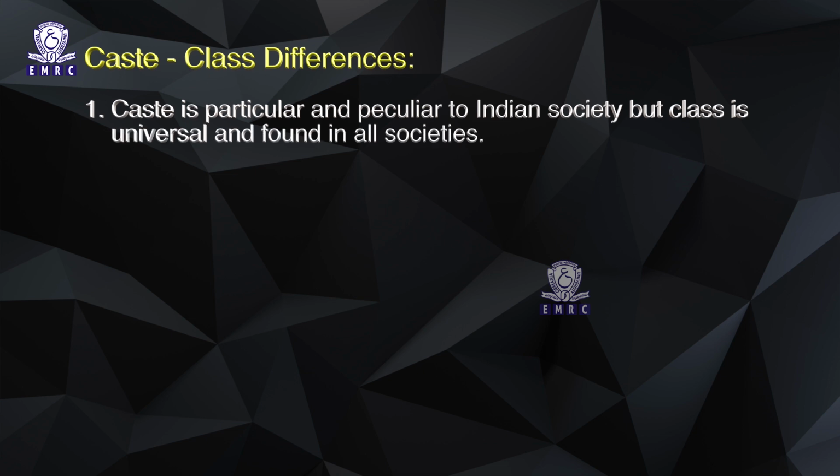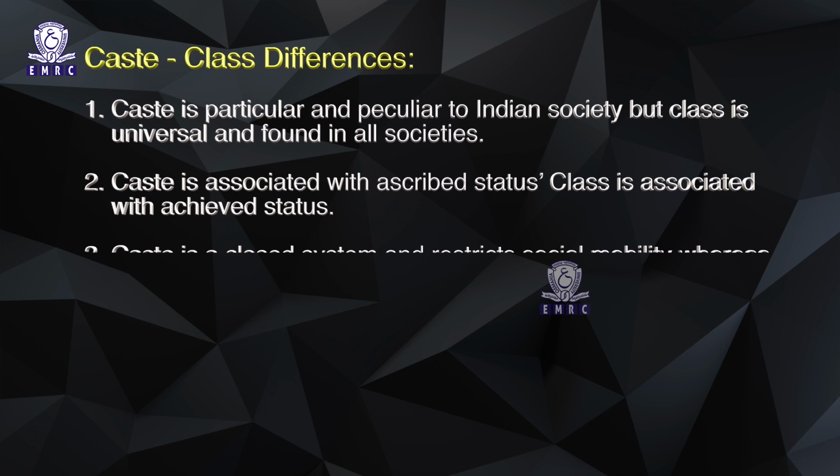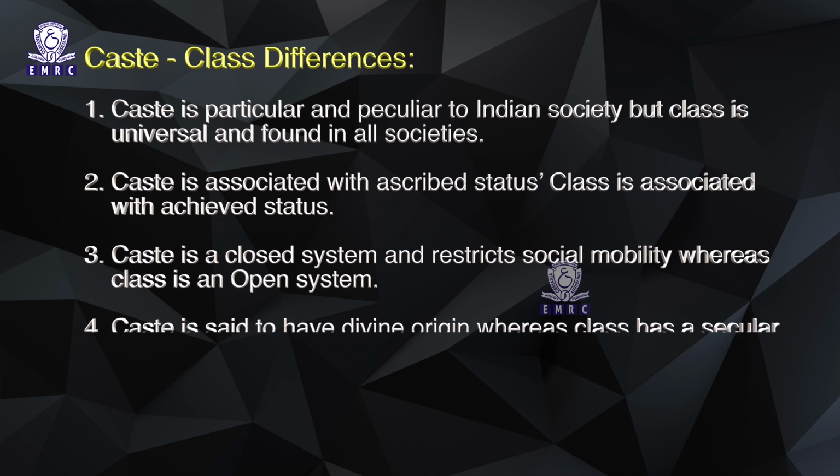Caste is particular and peculiar to Indian society, but class is universal and found in all societies. Caste is associated with ascribed status, class is associated with achieved status. Caste is a closed system and restricts social mobility, whereas class is an open system.